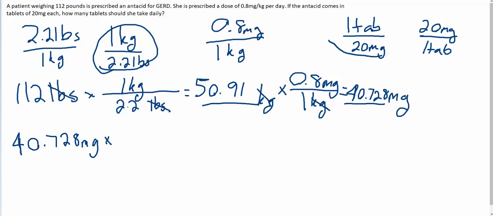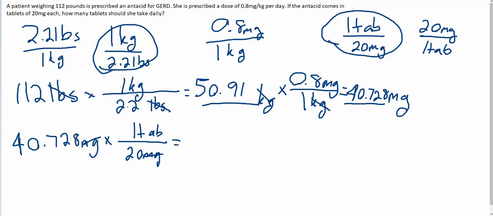But we're going to use this first conversion factor because it's going to allow us to cancel these milligrams on the bottom. And we'll say that 1 tablet contains 20 milligrams of medication. Our milligrams are going to cancel because we've got them on the top and on the bottom.